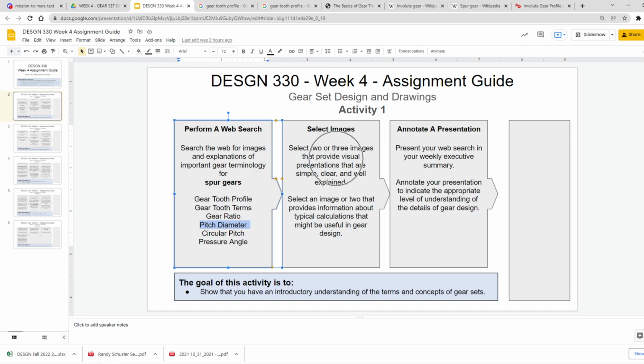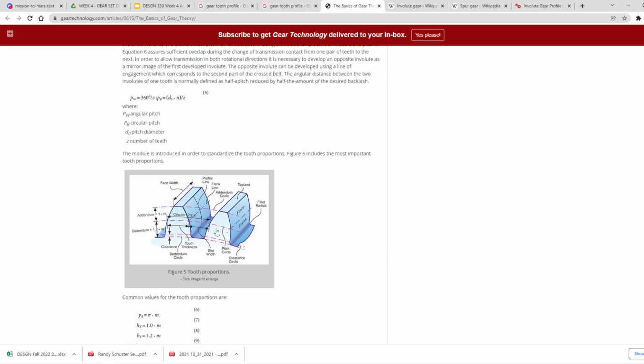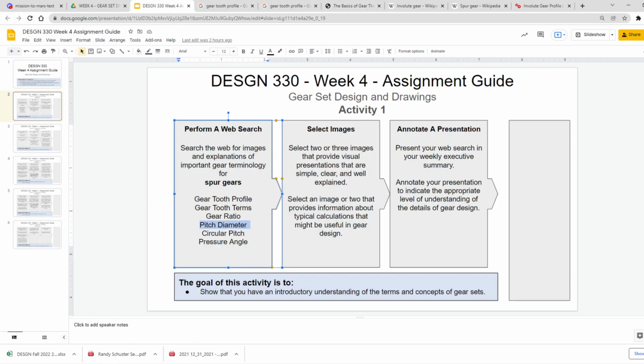Step number 2 is to look for images. Some of these images look like good images, and you might want to have some things about them. But it could also be very important to understand how to calculate a gear ratio, how to calculate the pitch diameter if you know the module, how to figure out the circular pitch.